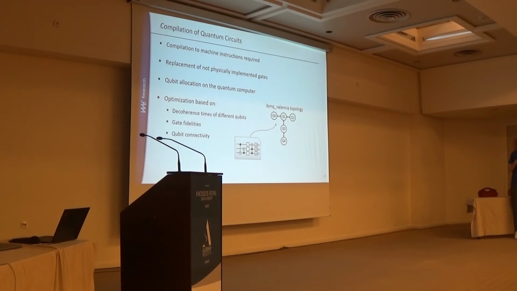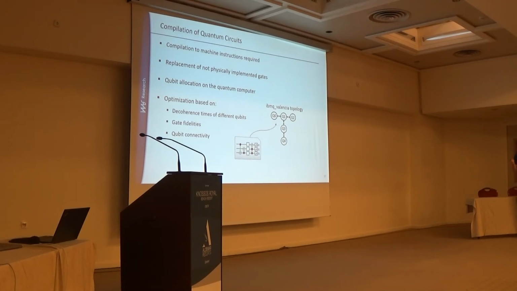So, for example, if we want to allocate the qubits from this quantum circuit here on the quantum computer with this topology, and we have some qubits on which multiple 2-qubit gates are executed, we should allocate them on Q0 and Q1 as they are directly connected, because this means we can directly execute 2-qubit gates. Otherwise we would have to insert additional swap gates, which would increase the overall circuit size, which could then result in higher error rates, for example.